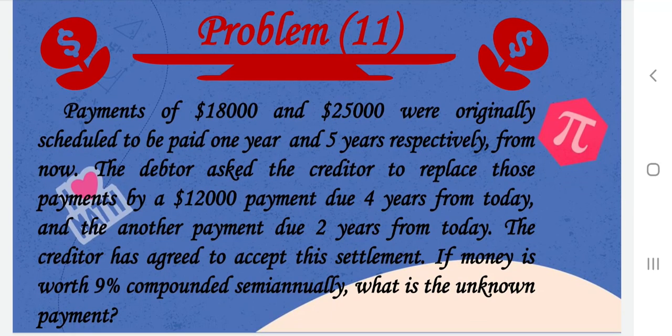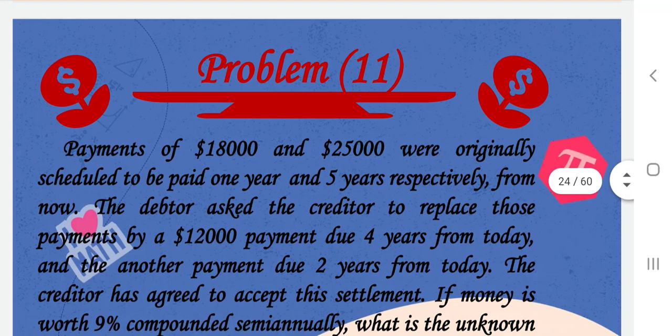Another problem. Problem number 11. Payment of $18,000 and $25,000 were originally scheduled to be paid on 1 year and 5 years respectively from now.